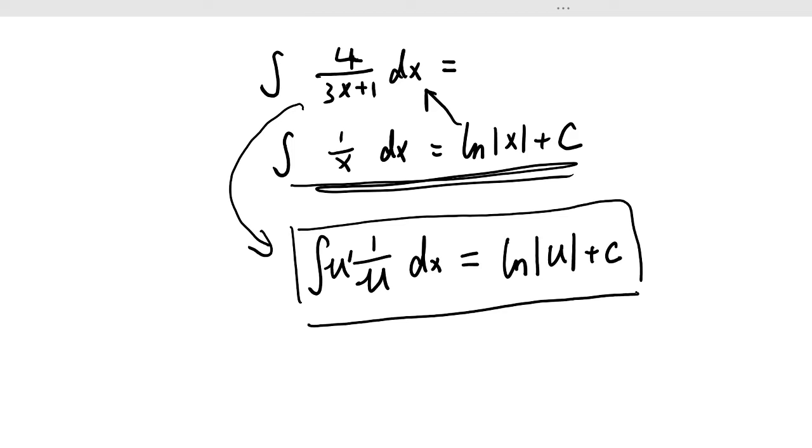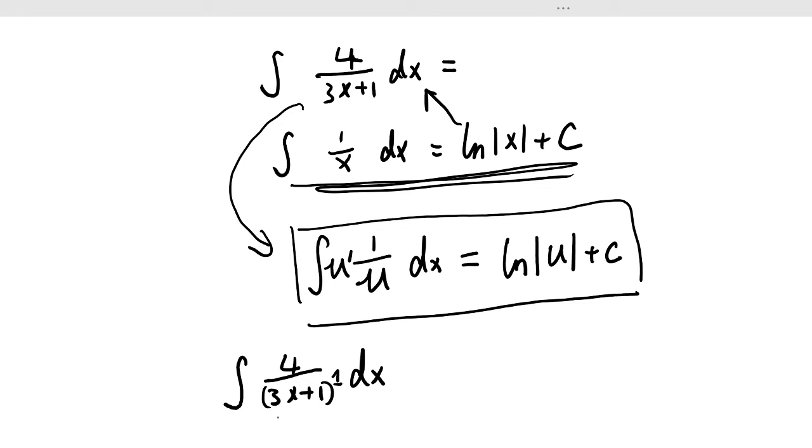Now we're going to follow the formula to see how we're going to do the problem. We have 4 over 3x plus 1 dx. I'm going to rewrite first. This is my first time doing this problem. So the first thing I'm going to do is look at my denominator. Let's say the power is 1. So I know this is going to be a ln problem.